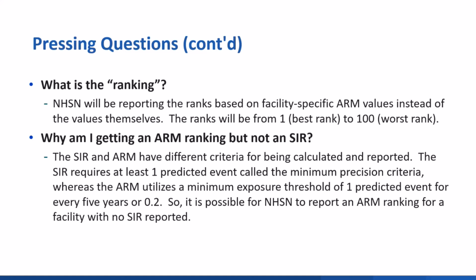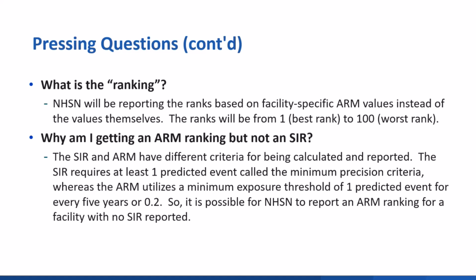Next, why might I be getting an ARM ranking but not a SIR? And this has to do with the amount of exposure we are going to require a hospital to have to even get a measure. So the SIR requires at least one predicted event, and we call it the minimum precision criteria. We relax that quite a bit with the ARM.